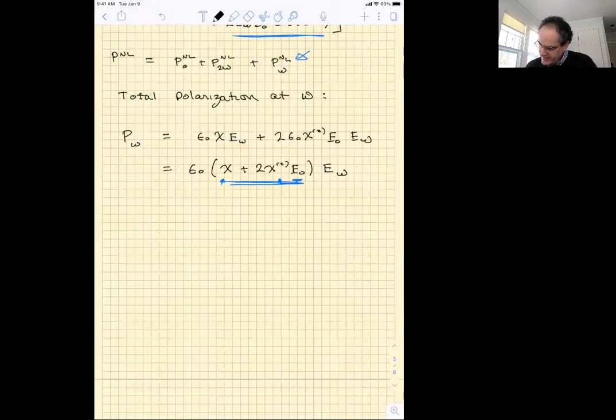Just to finish this off, the term in brackets we can interpret as the dielectric constant of the material minus 1. And that means that the new dielectric constant of the material is given by the old dielectric constant plus this term.